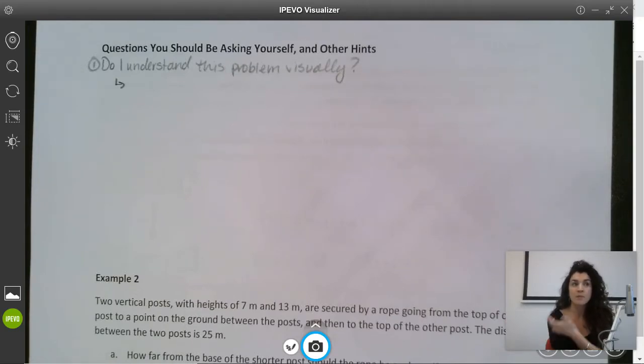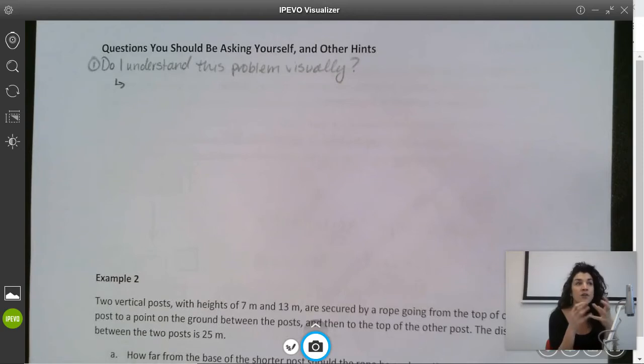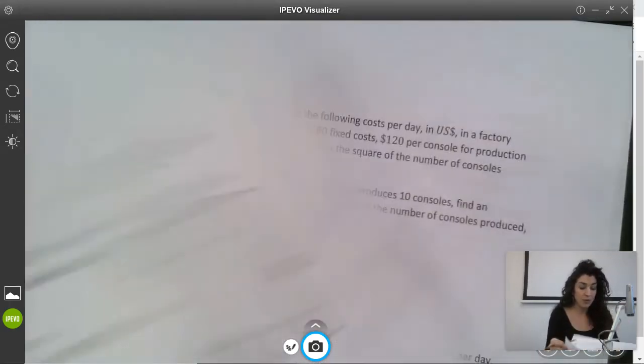So drawing diagrams, even if they give you a diagram, even if you can put it on your calculator, redraw the situation, because going through the process of drawing it, going through the process of understanding it visually is a key moment of understanding instinctually what's happening in that situation. We can always just rely on the diagram that's been given to us, but what if we go back and we relabel things in the diagram?